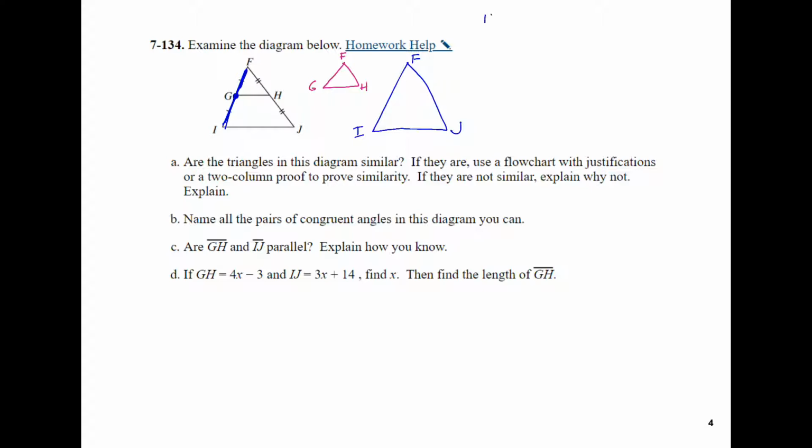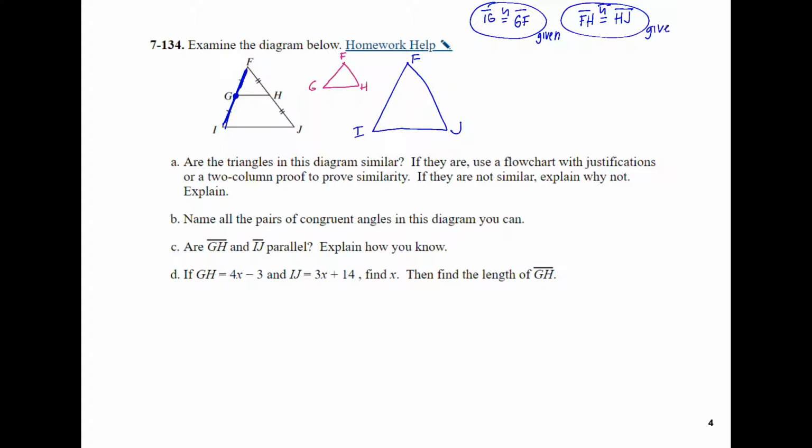So I was given that the length of IG is congruent to line segment GF, and I'm going to state that that was given. I also was given that FH is congruent to HJ.